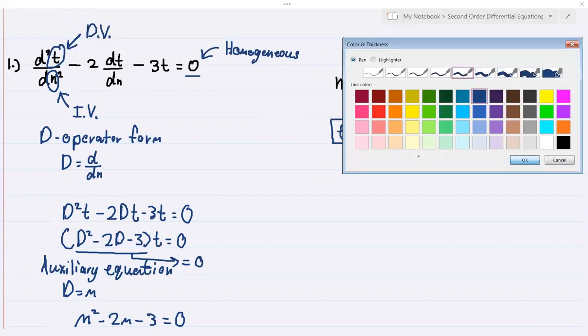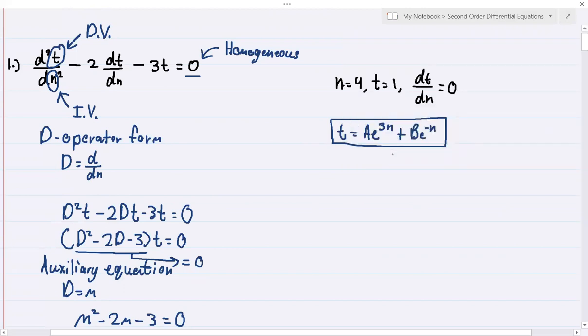So now let's find your particular solution. Since your t is 1, we will have 1 is equal to ae raised to, your n is 4, so we have 3 times 4, which is 12, plus be raised to negative n, which is negative 4. So in this working equation, pick one: would you like to find your A or would you like to find your B?